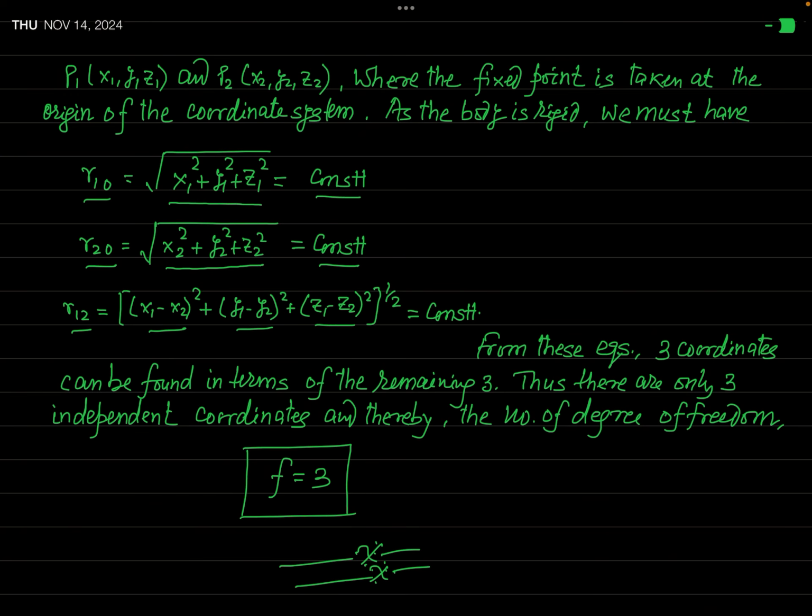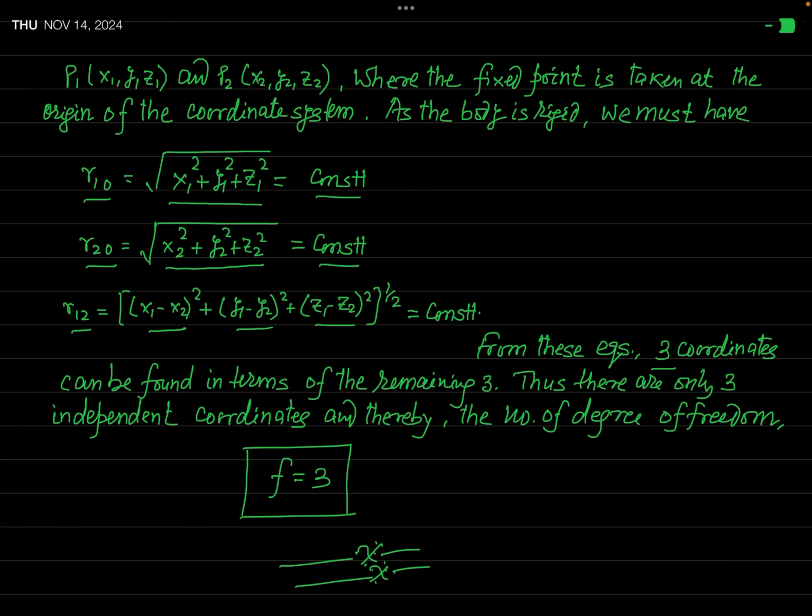No. Actually, one can find among these 6 coordinates, you can find 3 coordinates, okay, in terms of the remaining 3. If you want to find the value of x1, y1, z1, you can find their values in terms of x2, y2, z2. So actually, among these 6 coordinates, all are not independent from one another, but only 3 coordinates are independent from one another. Okay.